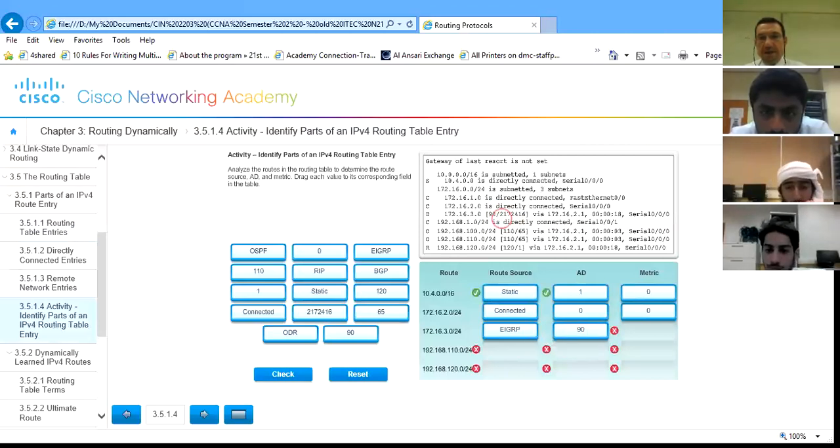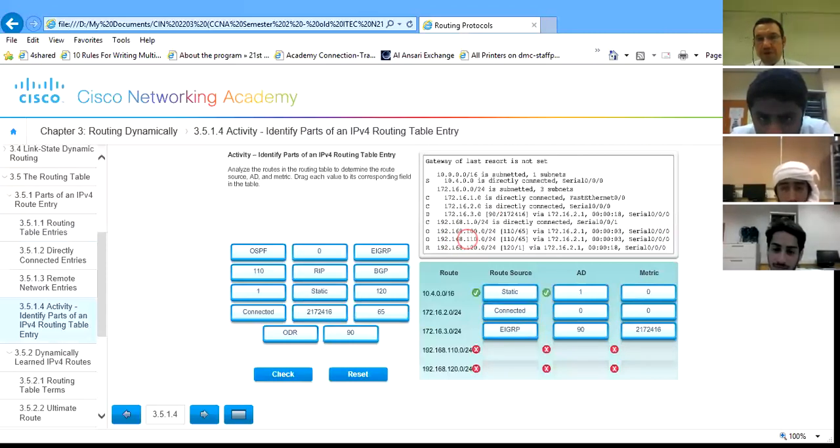What about the metric for this route? What is the metric for this route? Well done. What about, okay, go on, Rashid. 192.168.110.24, which is this one.